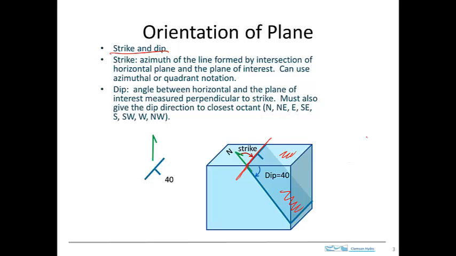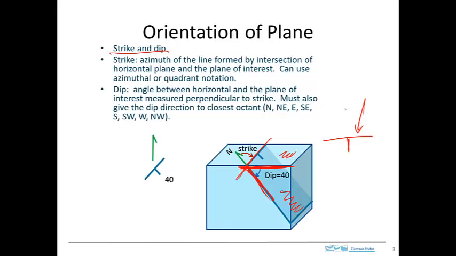It's a T-shaped symbol like this, and this long part of the symbol is the strike direction, and the shorter one gives the direction of the dip. The dip angle will be the angle from the horizontal line shown here to the trace of the plane in the dip direction.